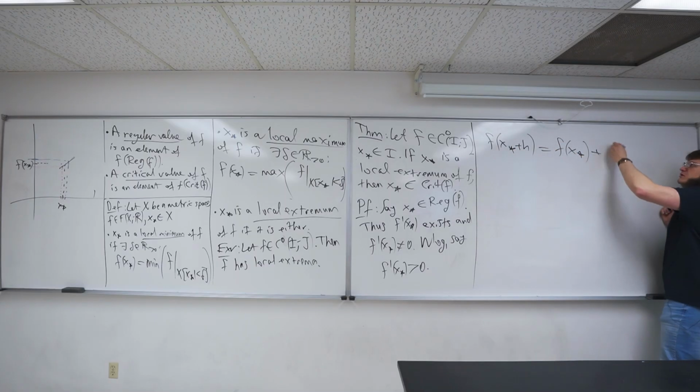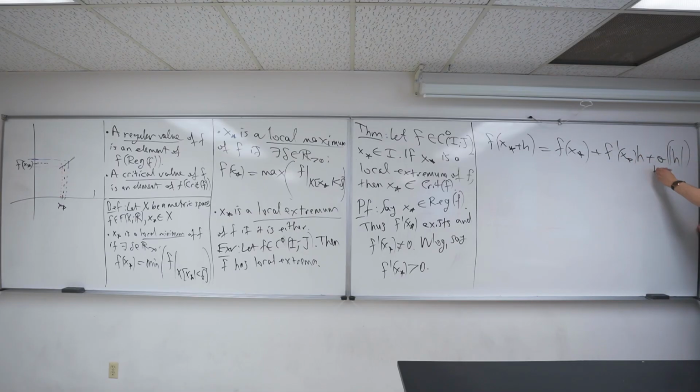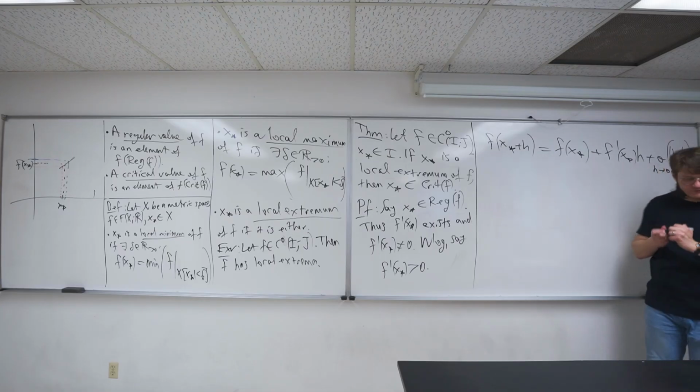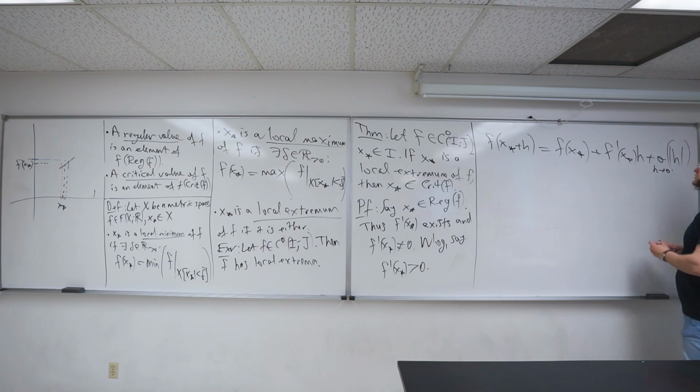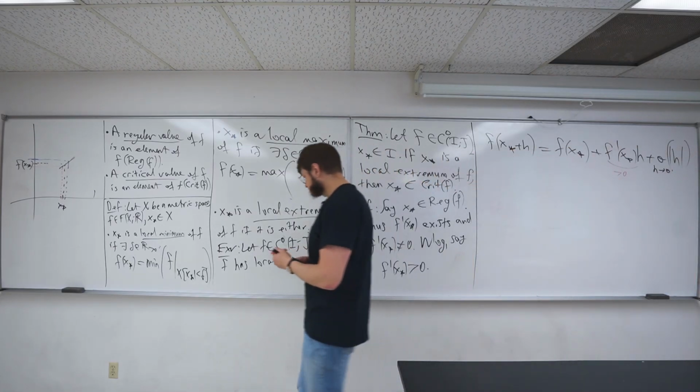Zeroth order term, first order term, and then higher order terms. We have that this is positive. That's our assumption. This works for any h. It could be positive or negative. But the point is this.